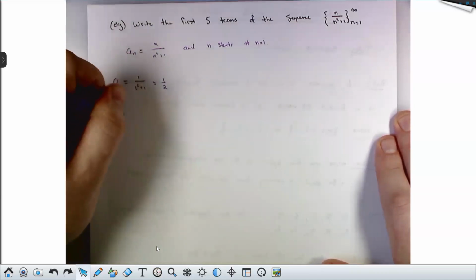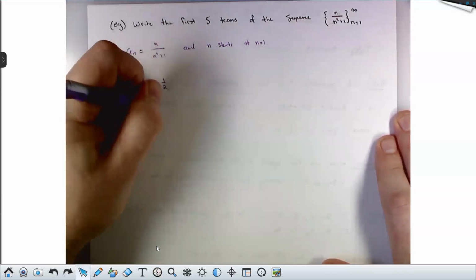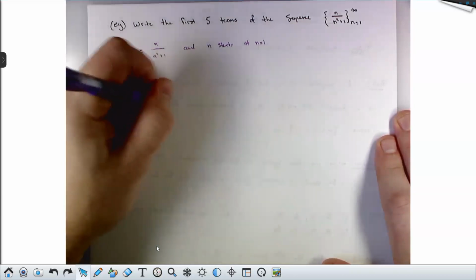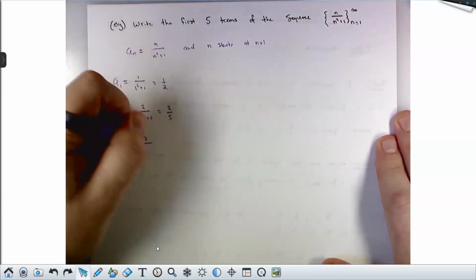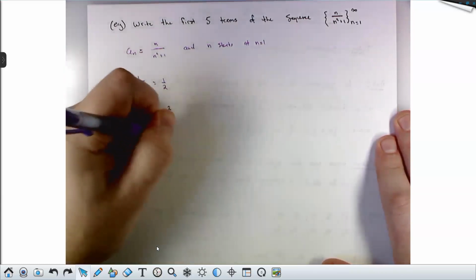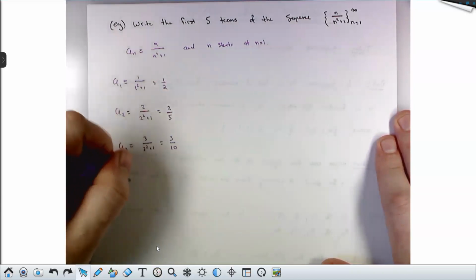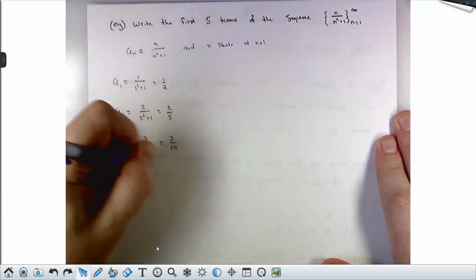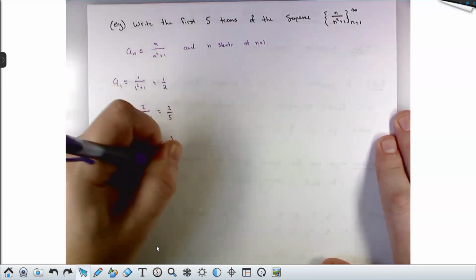The second term of the sequence, a_2, would be 2 over 2 squared plus 1, which is 2/5. a_3 would be 3 over 3 squared plus 1, which is 3/10. a_4 would be 4 over 4 squared plus 1, which is 4/17.